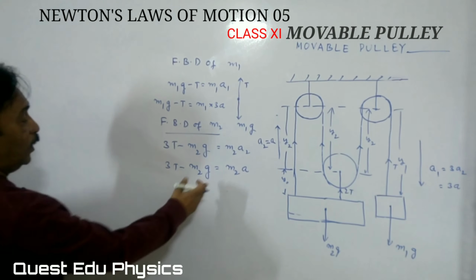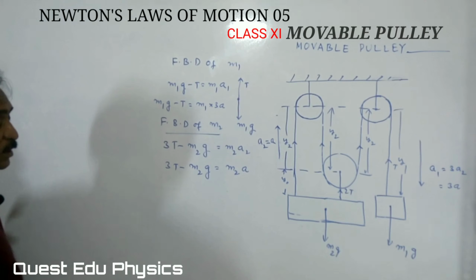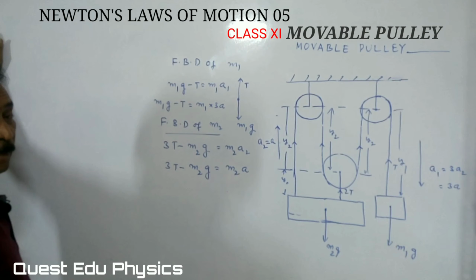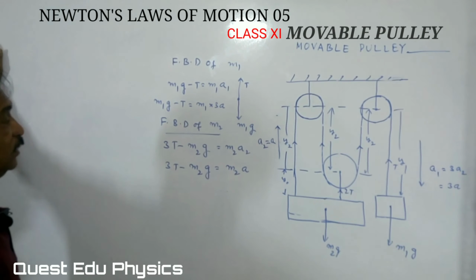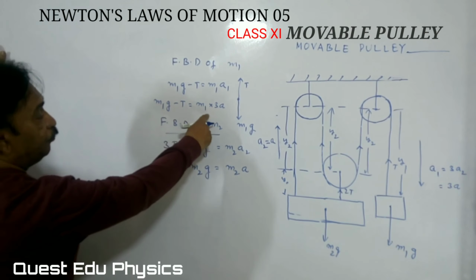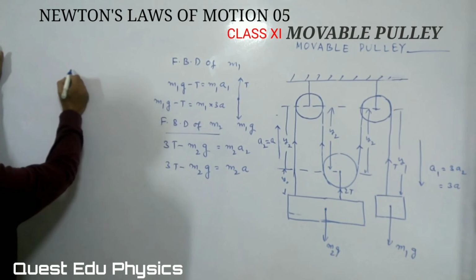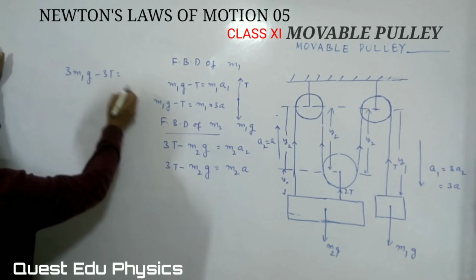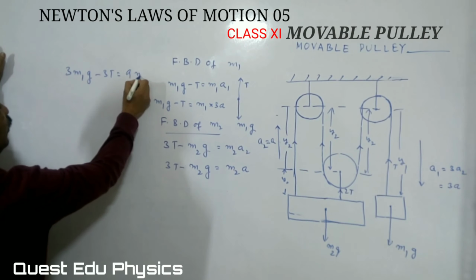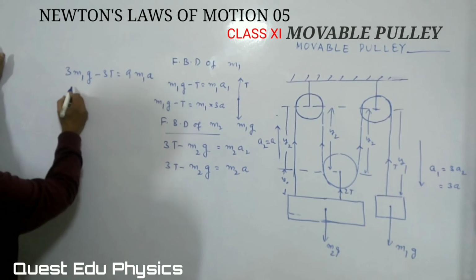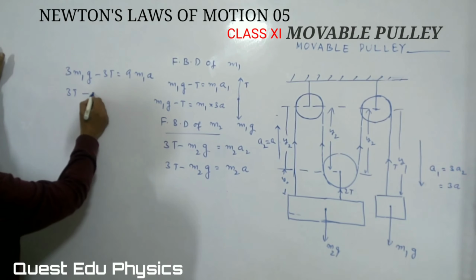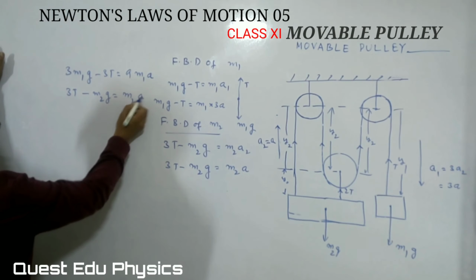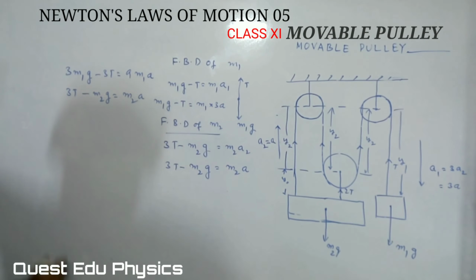Let's eliminate one of the factors, and we will get the tension as well as the acceleration. I'm multiplying this equation with 3. I get 3m1g minus 3t is equal to 9m1a. Similarly, it is 3t minus m2g is equal to m2a. We are adding the equations. What you get?